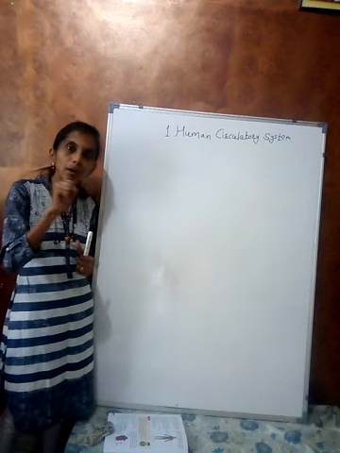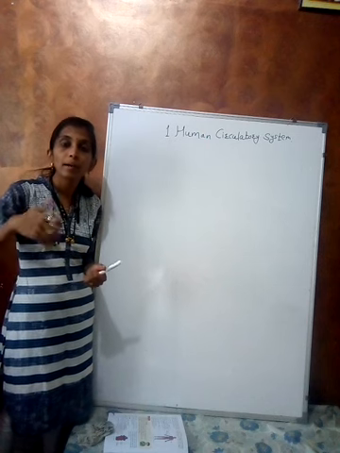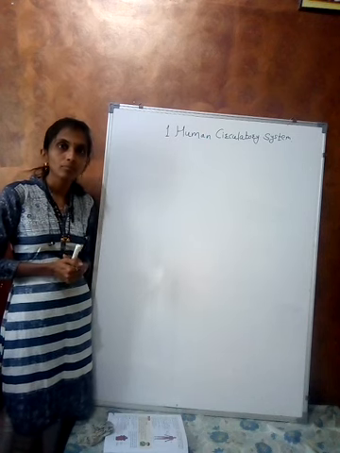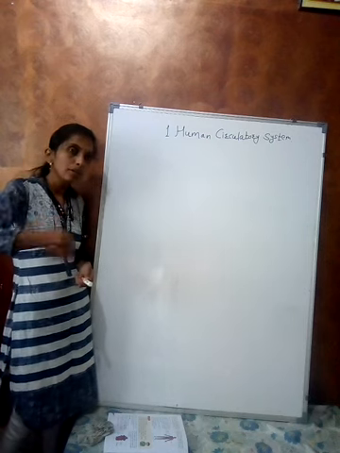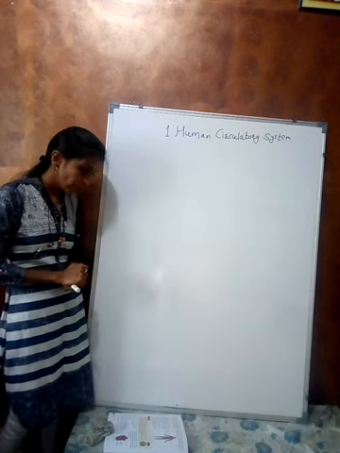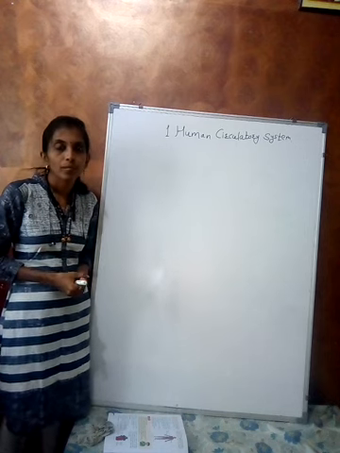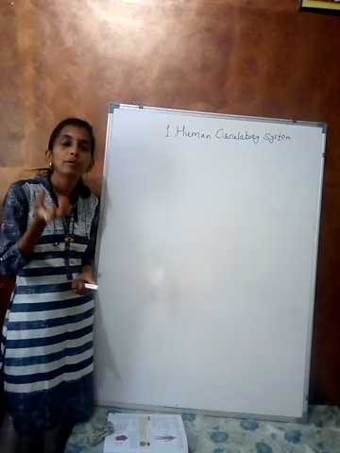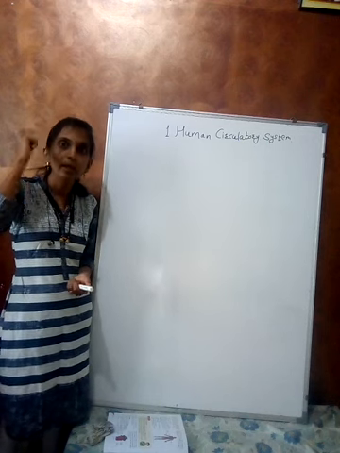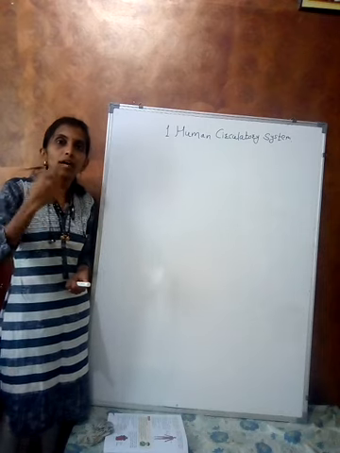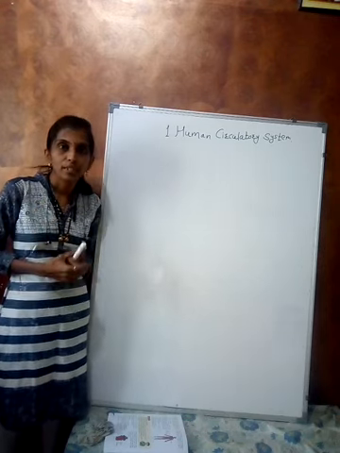It pumps the blood and supplies it to all parts of our body. The heart pumps the blood and circulates it throughout our body, from brain to legs, with the help of blood vessels.